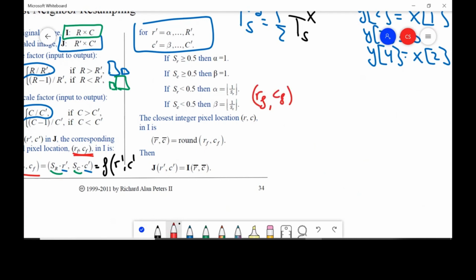Once you have RF, CF, this is a fractional coordinate in the input space where you don't have a value, so you have to figure out what value to put.